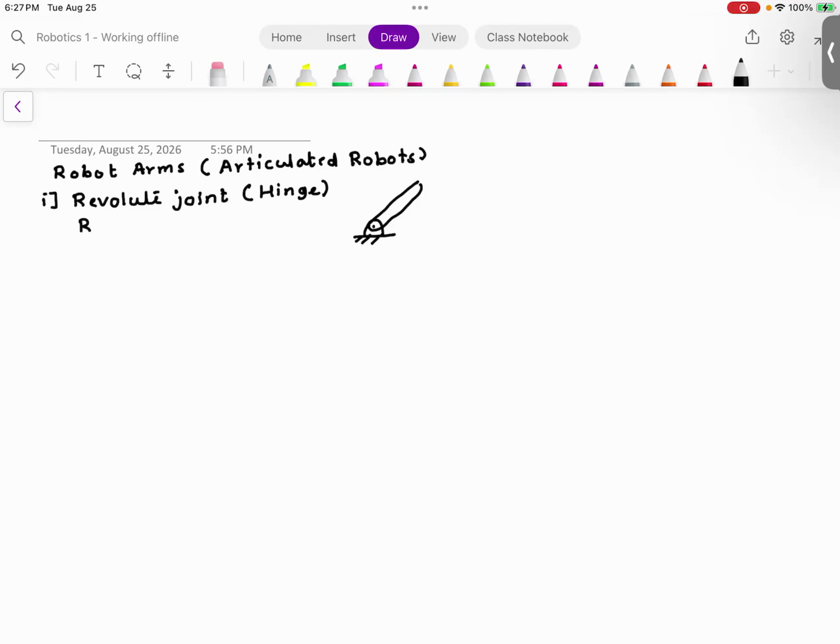The other type of joint is the prismatic joint. Prismatic joint, it is like a piston cylinder assembly. So if you think about it, it looks something like this.